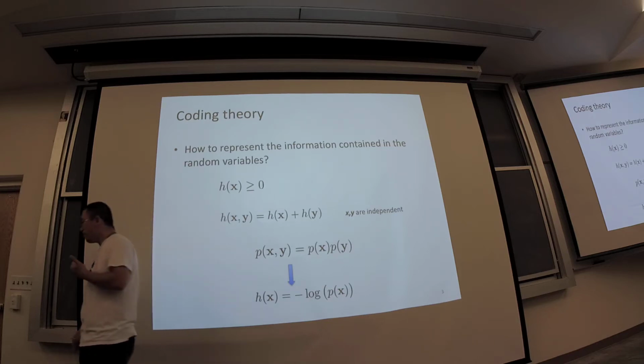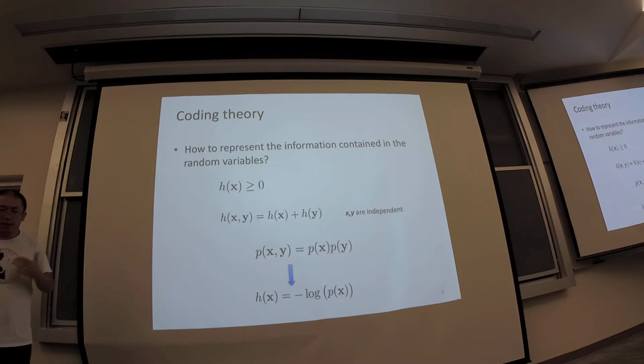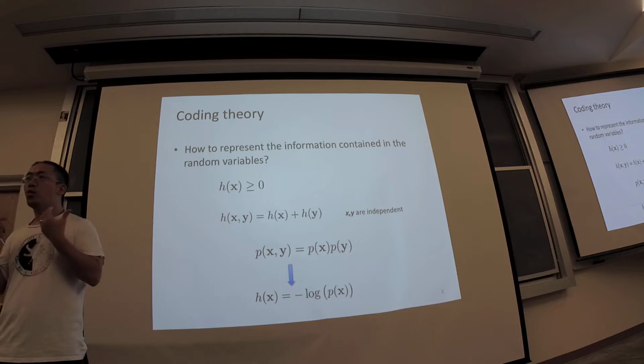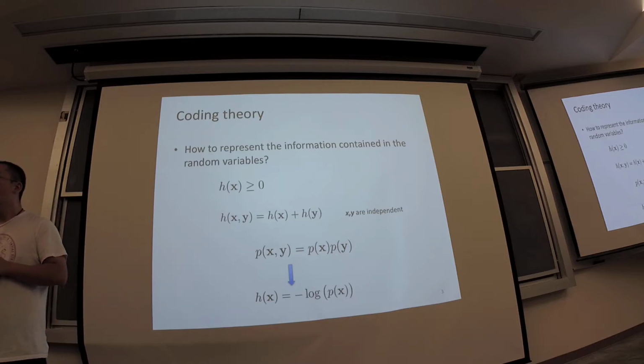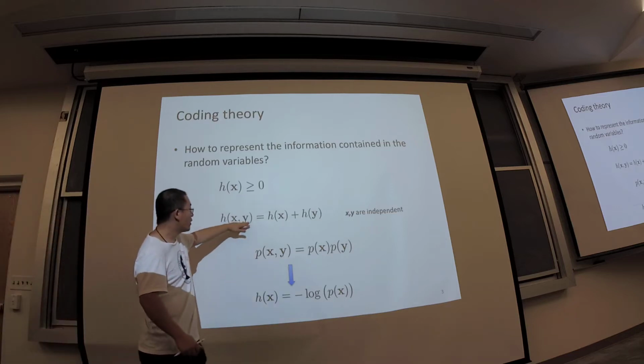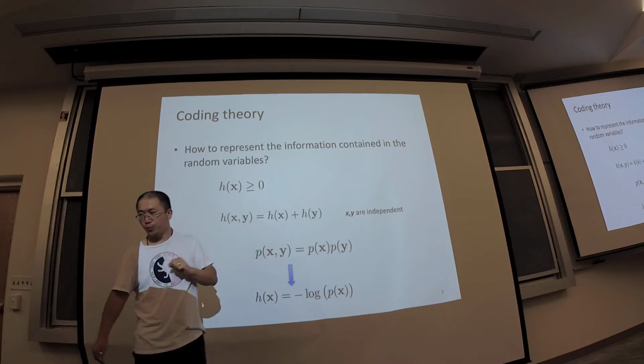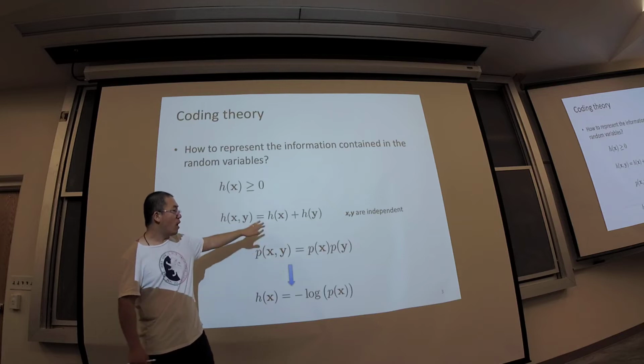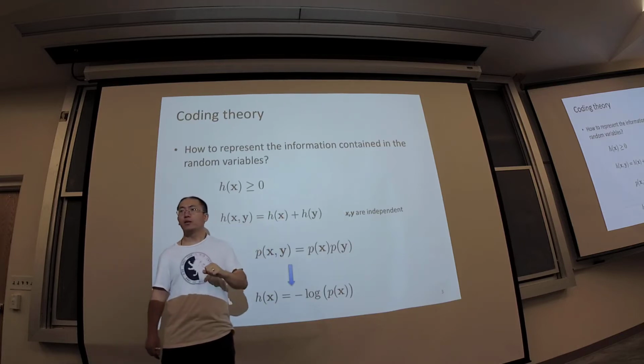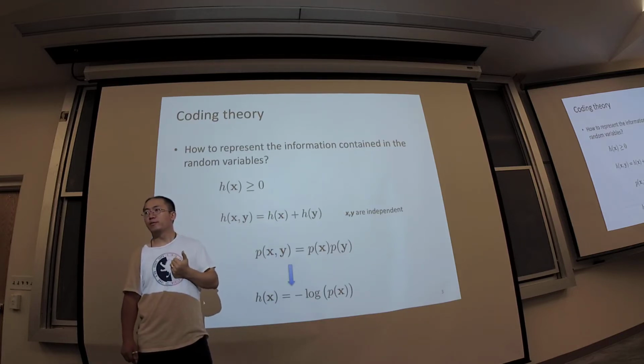The second natural principle comes from this: if I have two random variables, what is the relationship between the information measured on these two random variables and the information measured on each random variable?